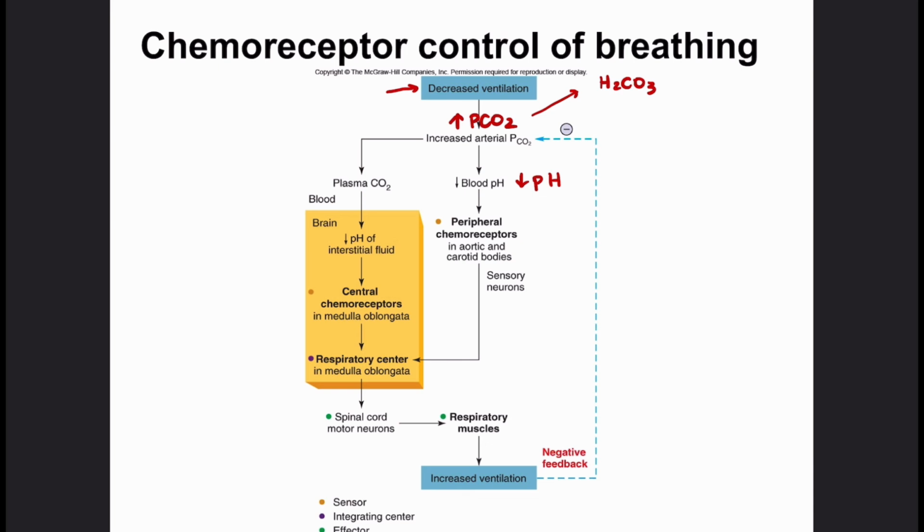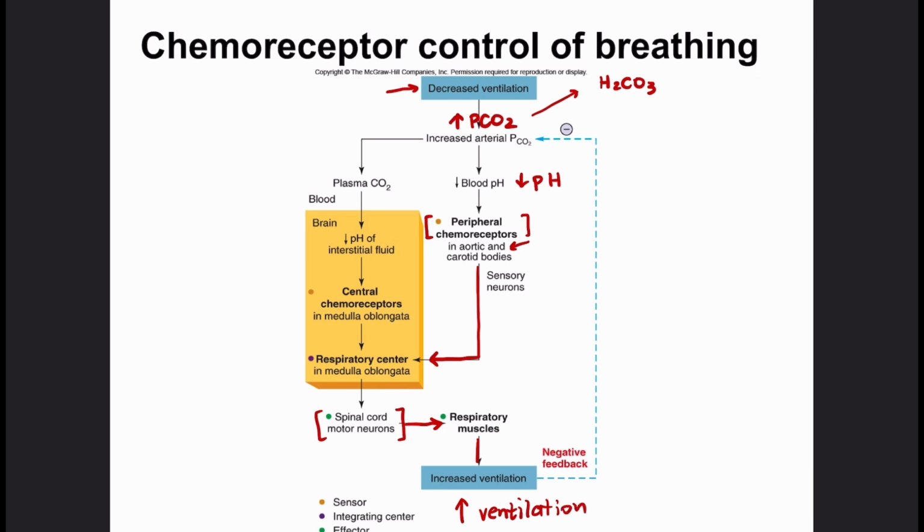And that will be most swiftly sensed via those peripheral chemoreceptors within the aorta and carotid, via those aortic bodies and carotid bodies. And then that is going to impact the respiratory center within the medulla oblongata and change the respiratory muscles via the spinal cord, via our motor neurons, and it'll increase ventilation. That would happen quickest and fastest.